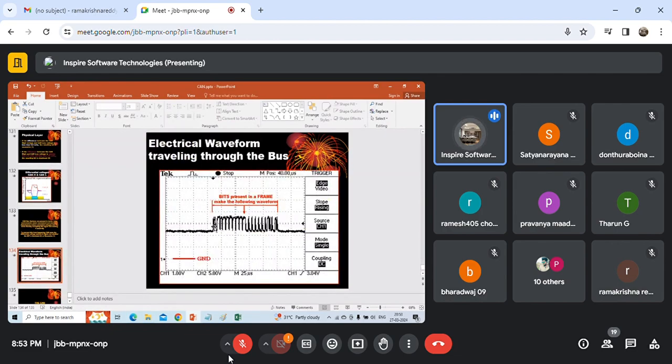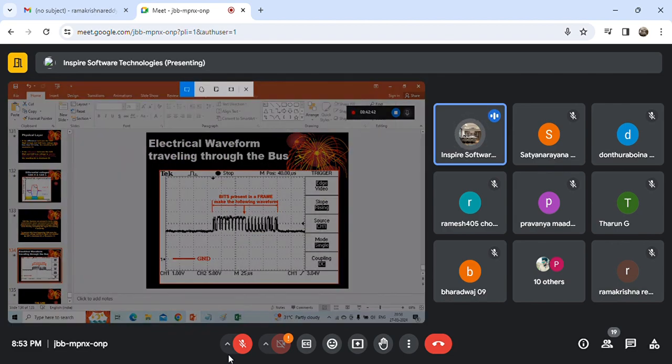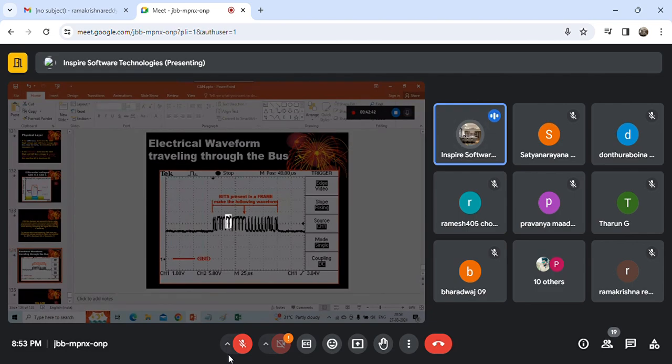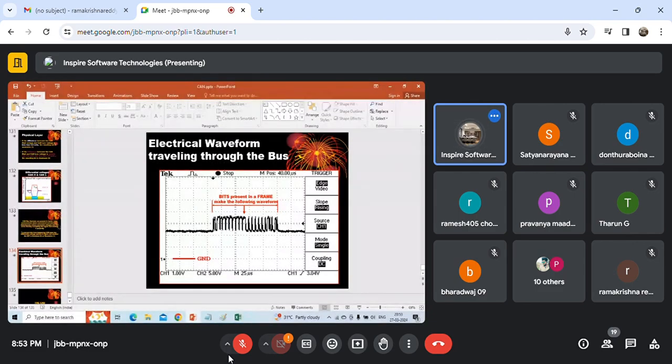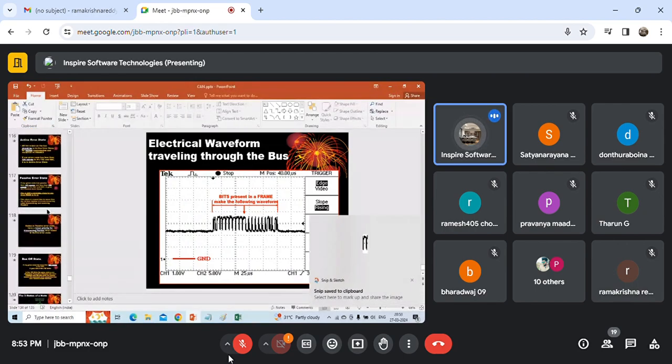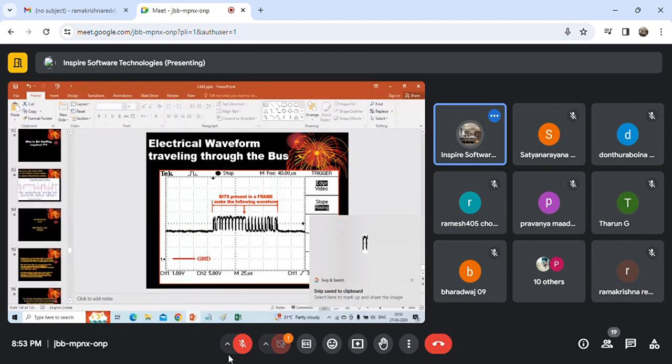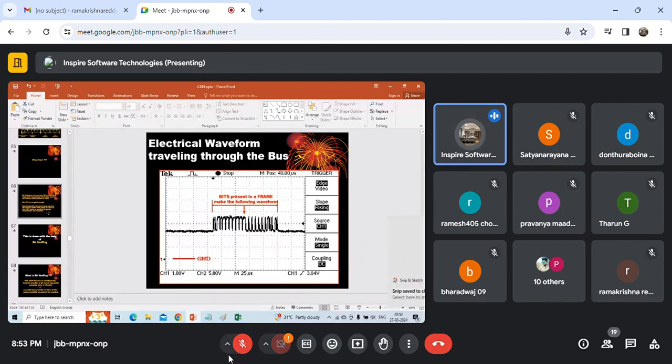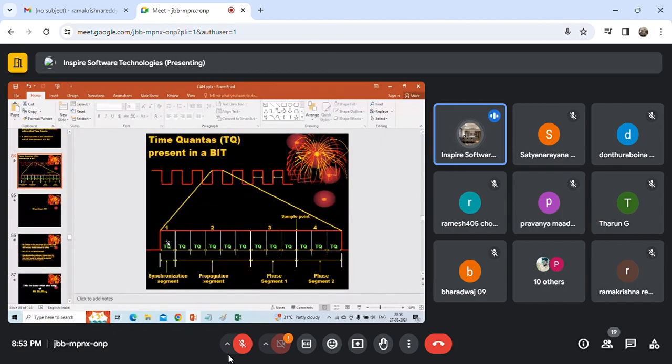Even this one particular bit, the microcontroller is able to decode to this much. That particular single bit, it can convert into how many? 1, 2, 3, 4, 5, 6, 7, 8, 9, 10, 11, 12.